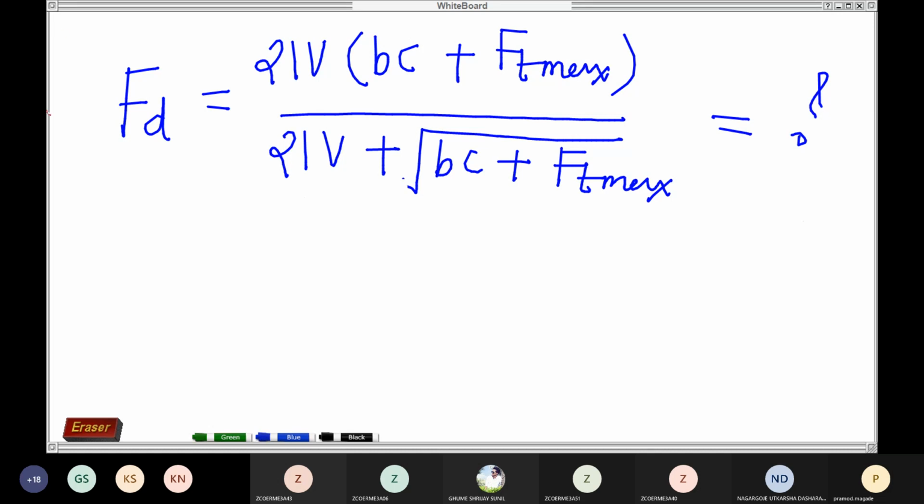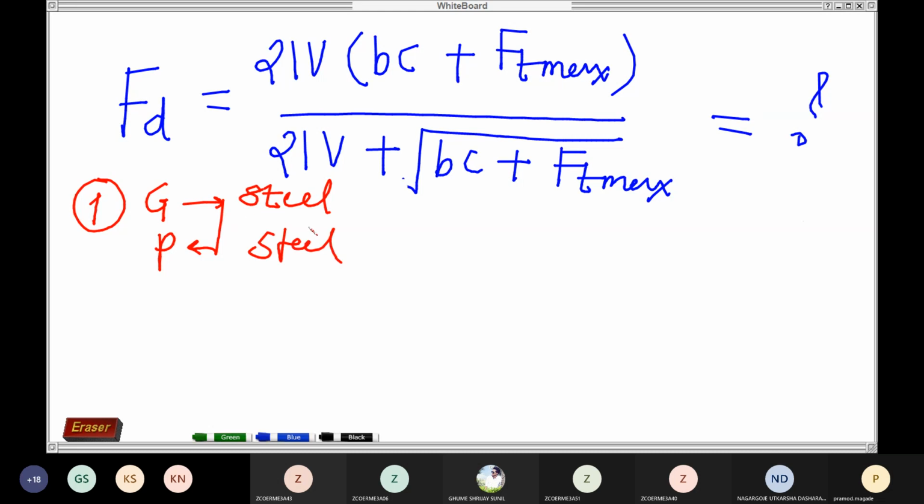So the first condition is the same as the previous. When gear is made up of steel and pinion is also made up of steel, the value I'll directly tell you, and that we'll have to use at the time of examination.